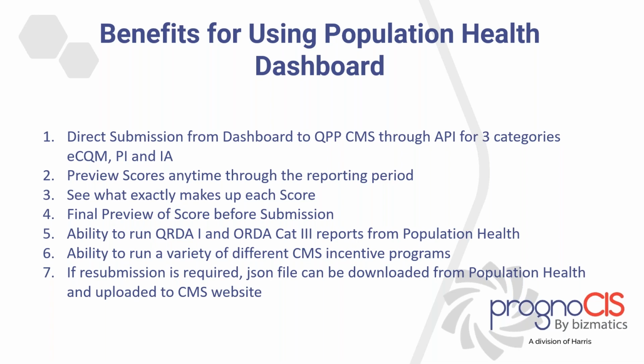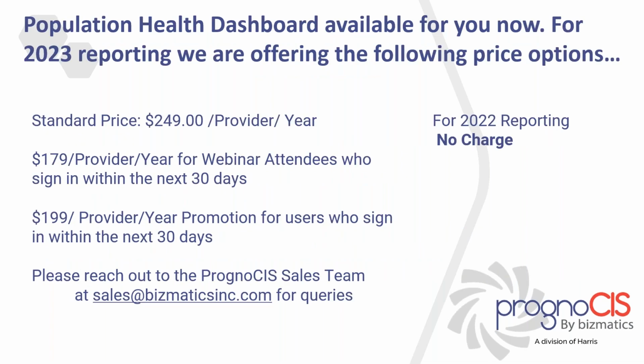It can be downloaded, and then you can upload it to the CMS website. Okay, so the population health dashboard is available to you now. So if you wanted to start entering your 2022 information, you can go ahead and start putting that in. You can also put in the information for your 2023 report.